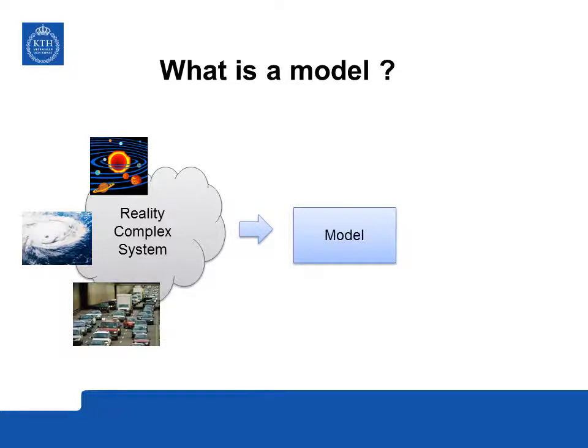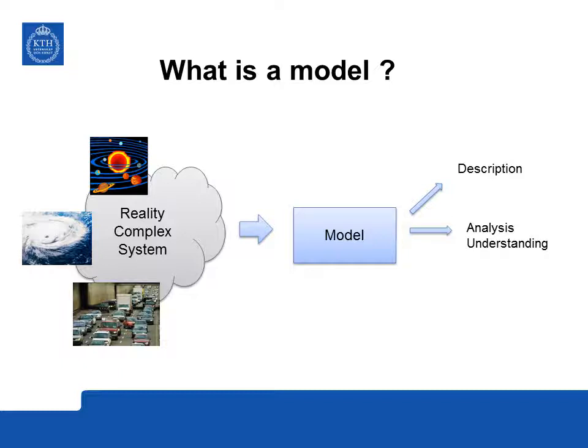And we do this by removing what we hope are irrelevant items for those mechanisms that we're really interested to study. And the models can then be used to describe reality. They can be used to understand or analyze reality.